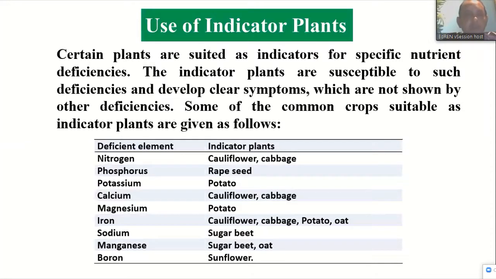Now, use of indicator plants. You know, there are some indicator plants you already studied in agronomy or some other classes, so I'm not going through this one. There are some plants which can be used as indicator plants.